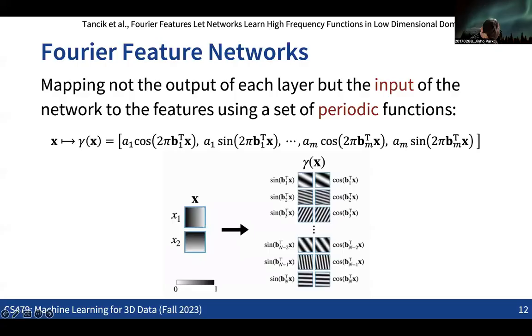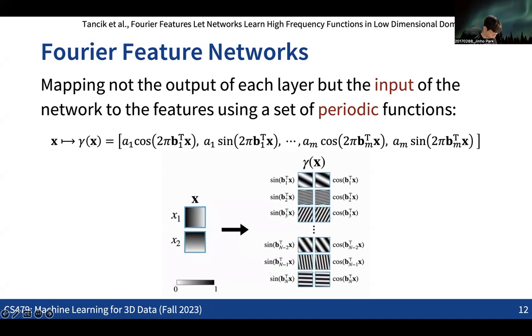And also, if we discuss a little bit more about this idea, there are many similar ideas of using this kind of periodic function as a mapping of the input. The idea in this work, the Fourier feature network, is kind of doing the same thing, but it's not using the sinusoidal function as the activation function.